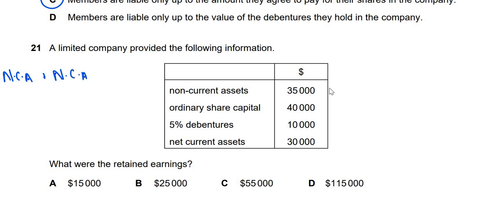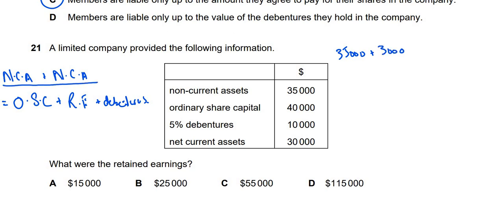Alright, so that's basically ordinary share capital plus retained earnings, plus debentures. Alright, so your answer is going to be, ordinary share capital is how much? 35. Ordinary share capital, you will do 35,000 plus 30,000.